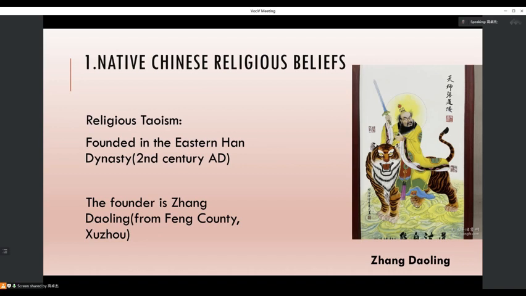His thought comes from the thought of Laozi. So Zhang Daoling deemed the founder of Taoism to be Laozi, but Laozi didn't know this. Zhang Daoling is the founder, but he thought the founder should be Laozi.